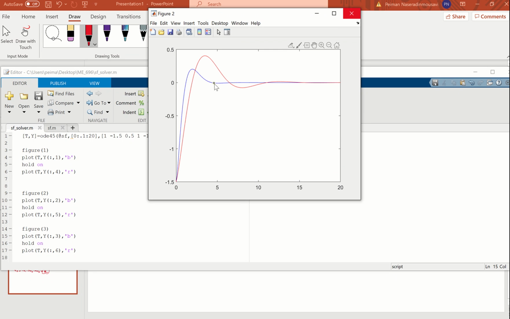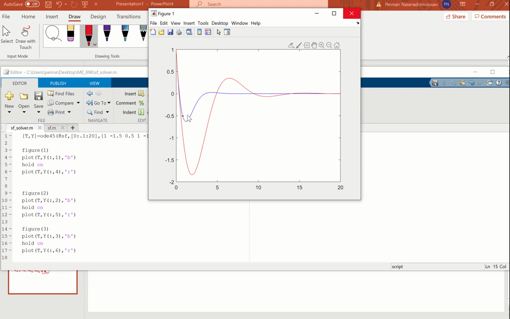Again, blue is for the control system, goes at almost 5 seconds, and the red one is for uncontrolled system in 15 seconds. This is X2. And the X1, blue is for the control system. After 5 seconds goes to origin. And this takes much longer in the uncontrolled system. So we modified the transient response of the system by state feedback control law.